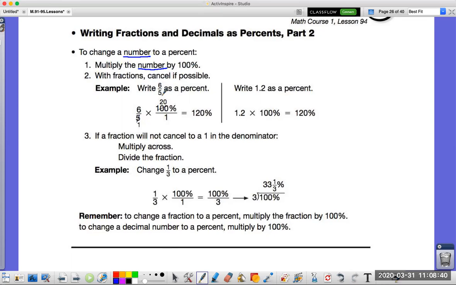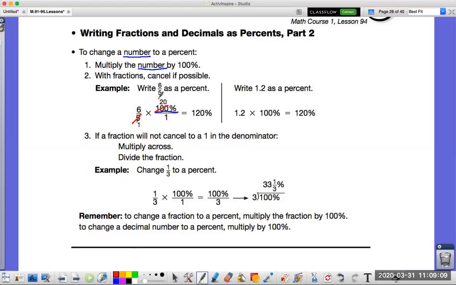If they're taking 6/5 as a percent, they're taking 6/5 times 100%, and they put 100% over 1, and here's where they're canceling. So you can see that they took this 100% divided by 5, and 100 divided by 5 is 20, and 5 divided by 5 is 1.